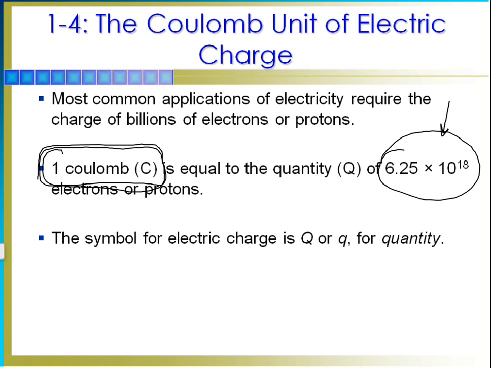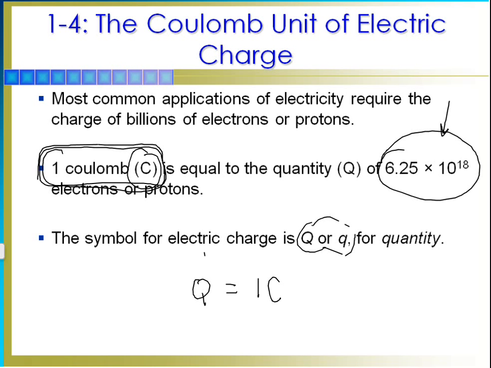This can either be negative charge, so heavy on electrons, or positive charge, heavy on protons. The symbol for the charge is Q, for quantity. The value is coulombs, C. So you would say the charge is equal to 1 coulomb.